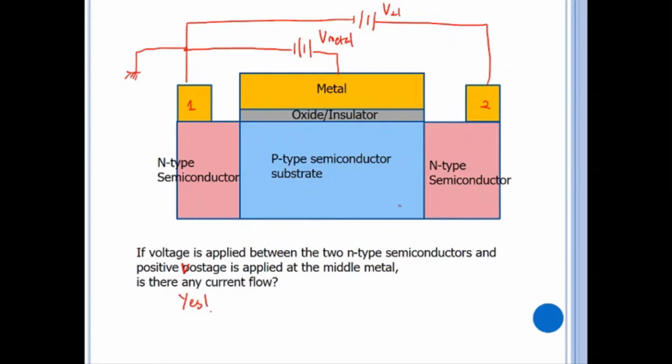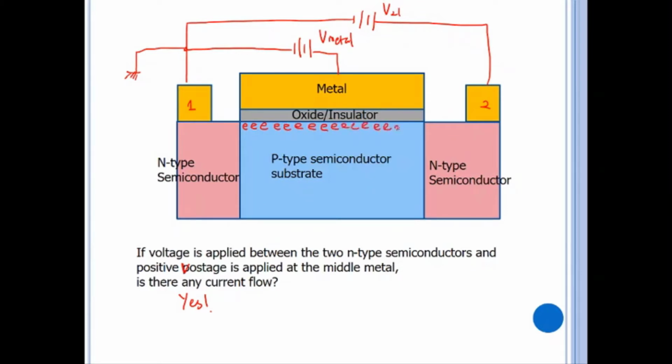The reason is that when we apply a positive voltage at the metal, we attract electrons, the minority carrier inside the p-type, towards the oxide layer. So there is an accumulation of electrons at the oxide interface.